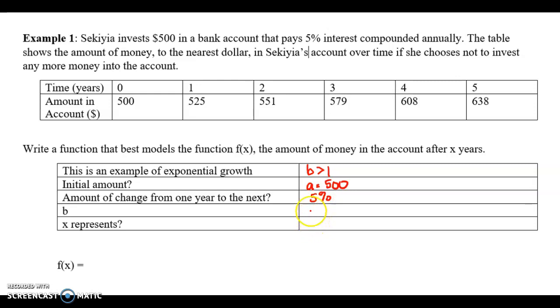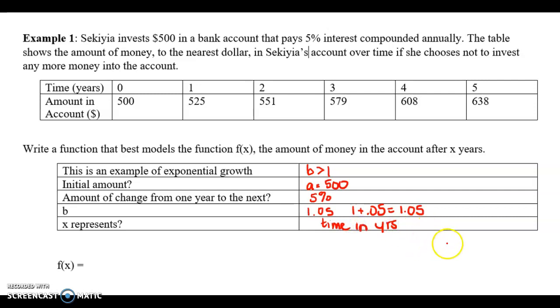And so our b in this case is 1.05. I get that because I know b is over 1, so I'm going to take 1 plus that 0.05, which is the percent as a decimal, to get 1.05. And x represents the time in years.